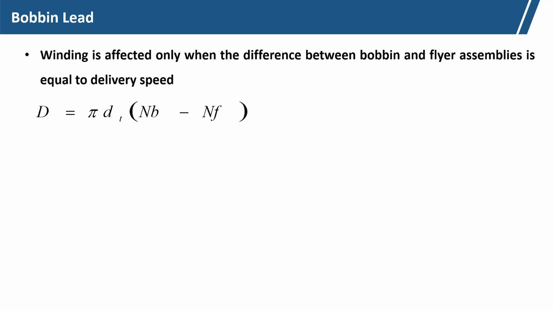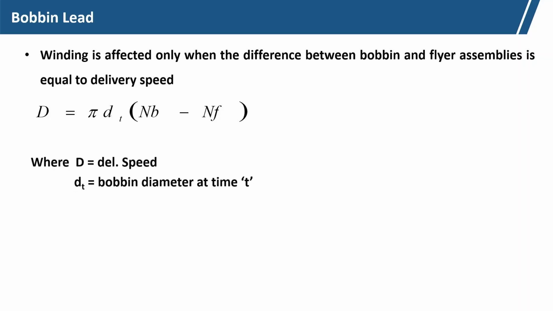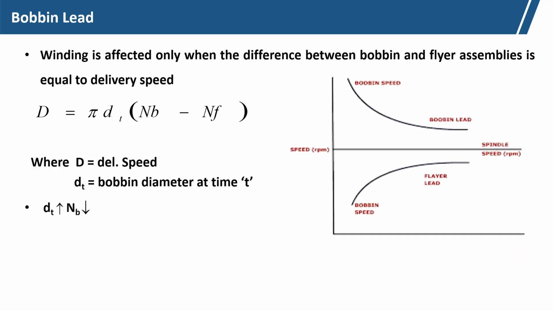roving production. So, D is the delivery speed, dt is the bobbin diameter at time t. Now, as dt increases, Nb has to be reduced. So, with time, bobbin speed has to be reduced for bobbin leading, and for flare leading it has to be increased.